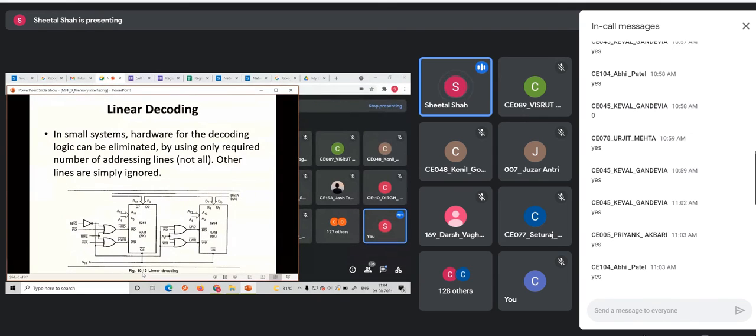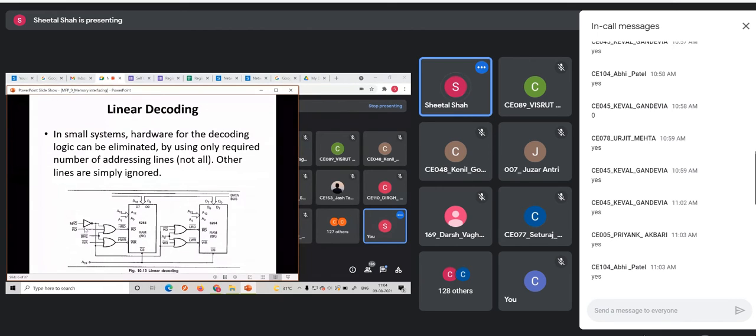Now when A18 is 0, that would be selected, whereas A19, either 0 or 1, doesn't matter. Followed? Now in that case, two memory locations may have the same address. That would be the problem with this linear decoding.